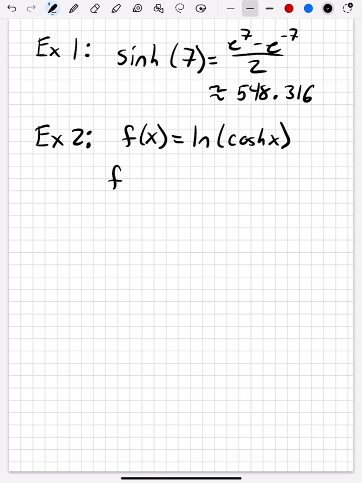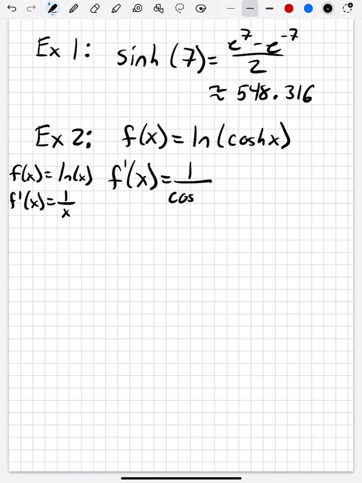Well, we know, just as a recap, that the derivative of the natural log of x is 1 over x, right? So the derivative of this natural log is 1 over the hyperbolic cosine of x.